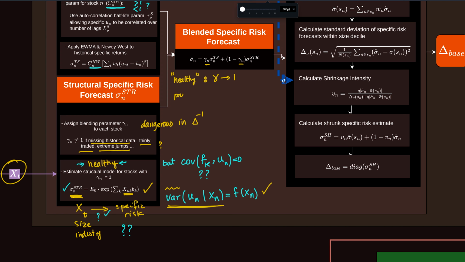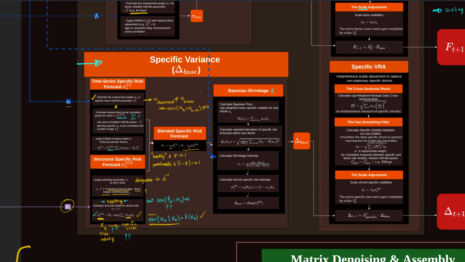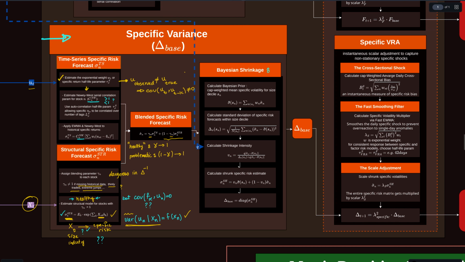But for newly listed IPOs or thinly traded microcaps or in general securities with missing or unreliable observations, gamma moves towards 0 and the model gradually shifts towards the structural estimate. So that's our first line of defense, protecting the system from broken or incomplete data.